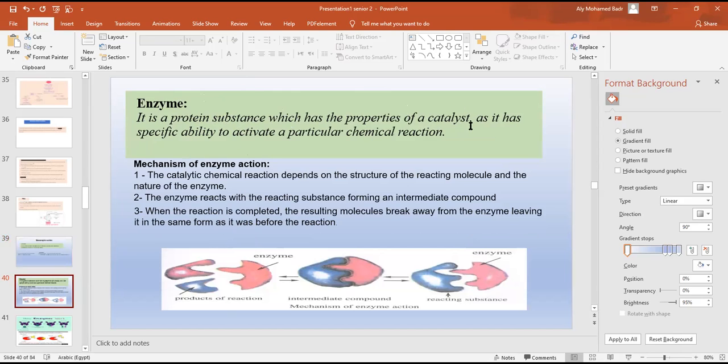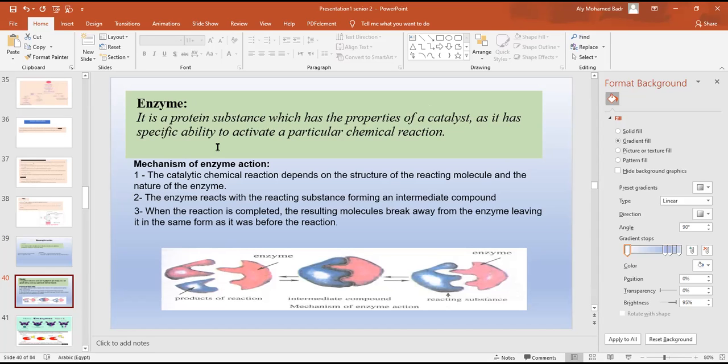That means enzymes, as catalysts, are a helper to the reaction. They can accelerate the reaction and increase its speed without taking part in it, without participating in the reaction, only as a transporter, but this transporter makes the reaction faster.